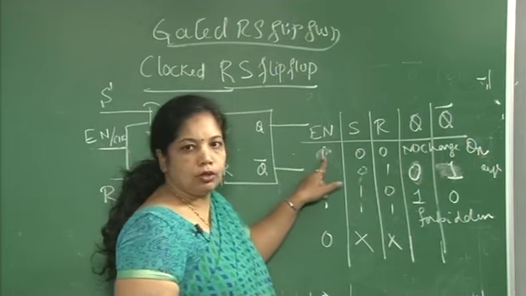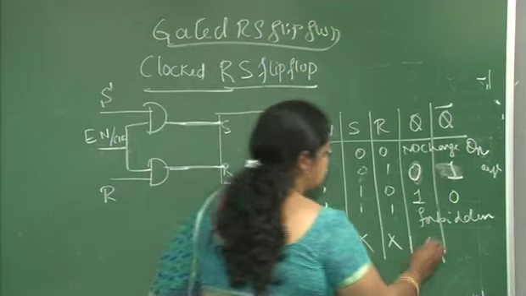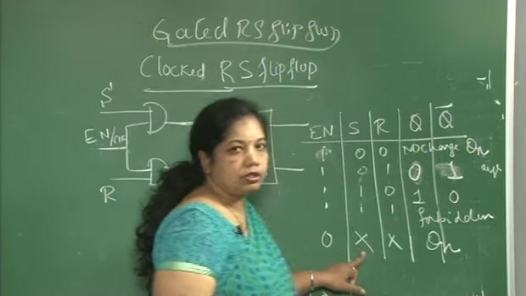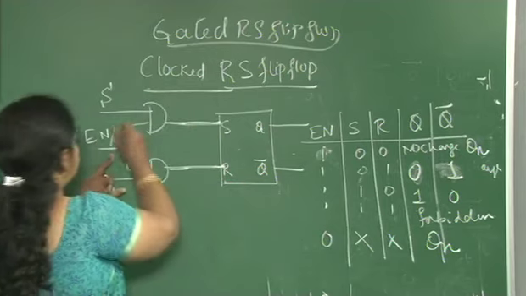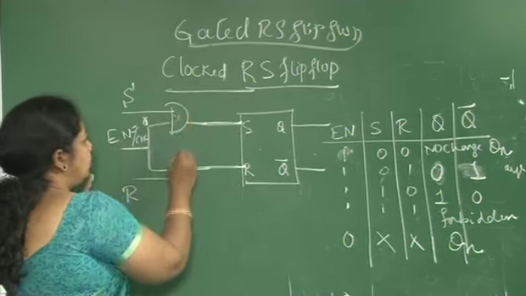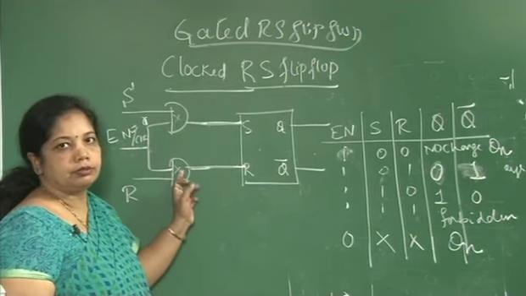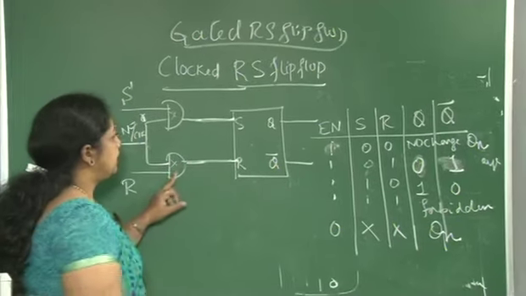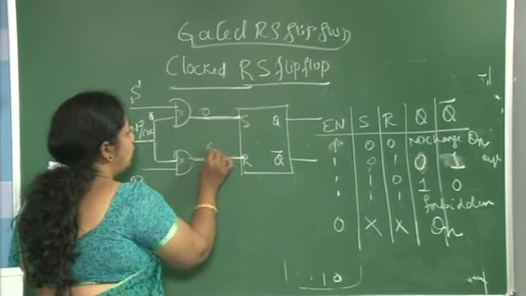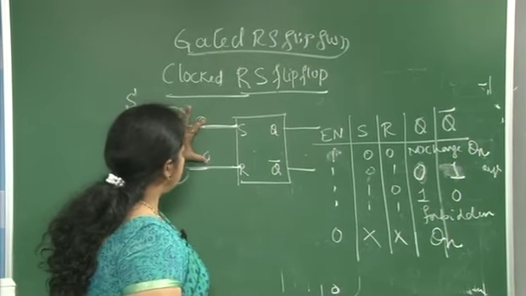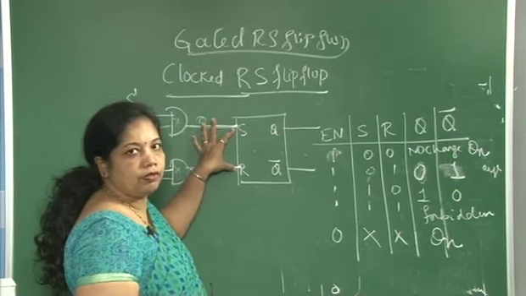No matter what the inputs are, if my enable signal is 0, both the inputs to the AND gates are disabled. So the output of the AND gates is 0 0. So 0 0 will be the input to the SR flip-flop.